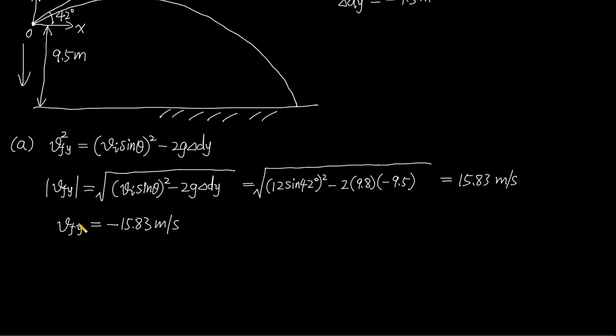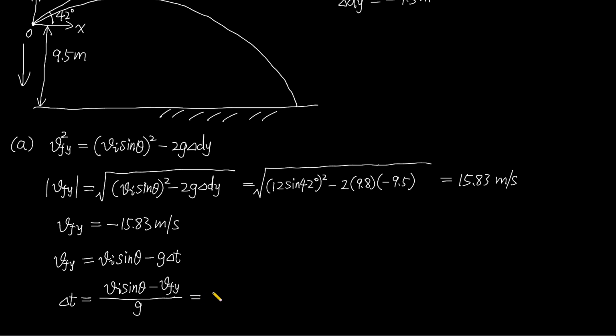Then we know this formula. The final vertical velocity equals the initial velocity multiplied by sin theta minus acceleration g multiplied by time interval. From this formula, we can get that the time interval equals the initial velocity multiplied by sin theta minus the final vertical velocity, over the acceleration g.